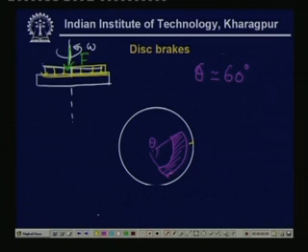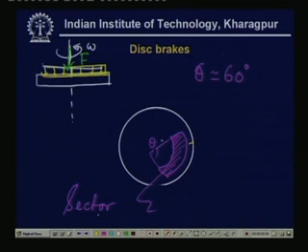This is the sector type brake pad. Here the analysis is almost the same, that is, we have to consider from this point to that point. It is not an axially symmetric problem now, but we can get the analysis quite easily.